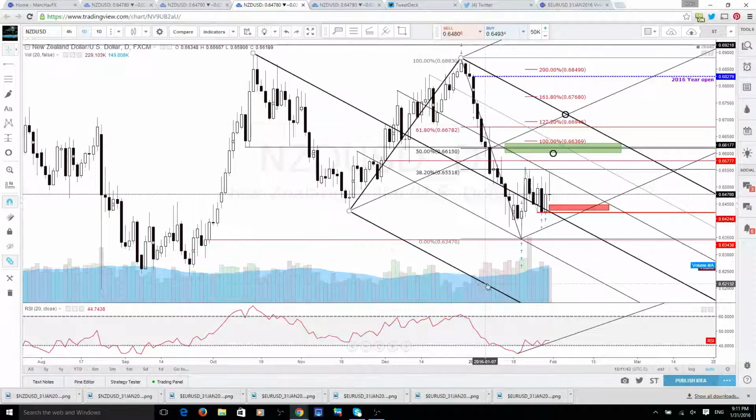That's just annoying. I would say daily reversal here around 64.48 should provide enough support so that Kiwi goes higher.